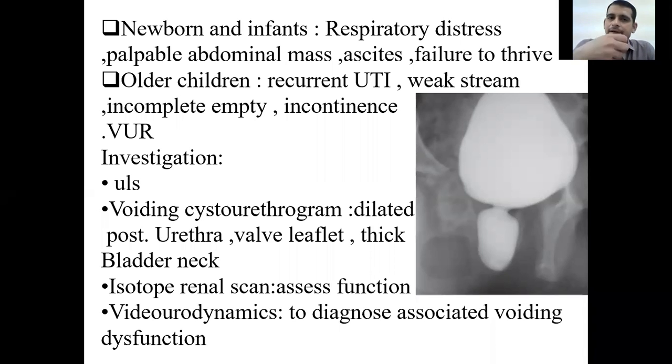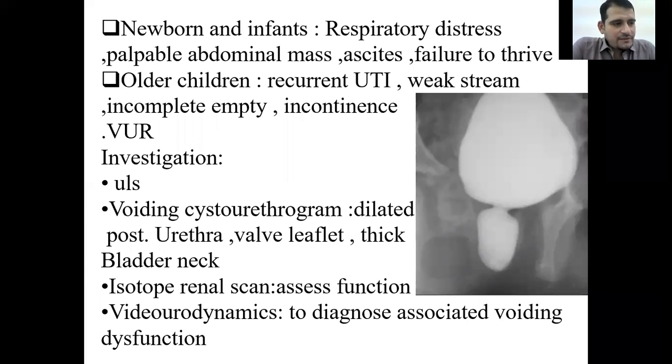If there is complete obstruction and the baby cannot pass urine, he presents in newborn life or infancy. But sometimes a baby reaches older age and presents with recurrent UTI, weak stream, incomplete emptying and incontinence.